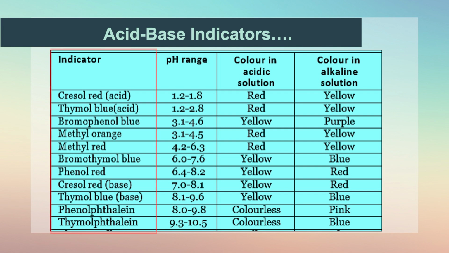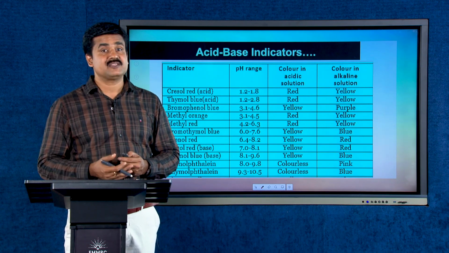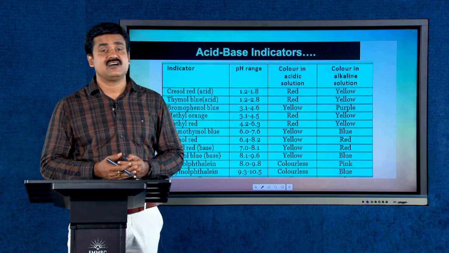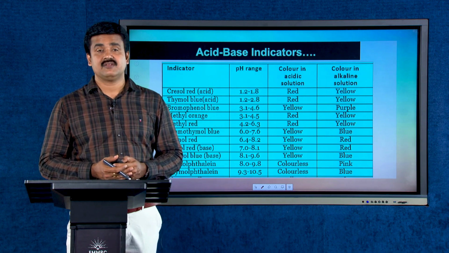The common indicators include cresol red, thymol blue, bromophenol blue, methyl orange, methyl red, bromothymol blue, phenol red, phenolphthalein, thymolphthalein, etc. There are enormous acid-base indicators, and you are familiar with the two important types of acid-base indicators. They are nothing but methyl orange and phenolphthalein.